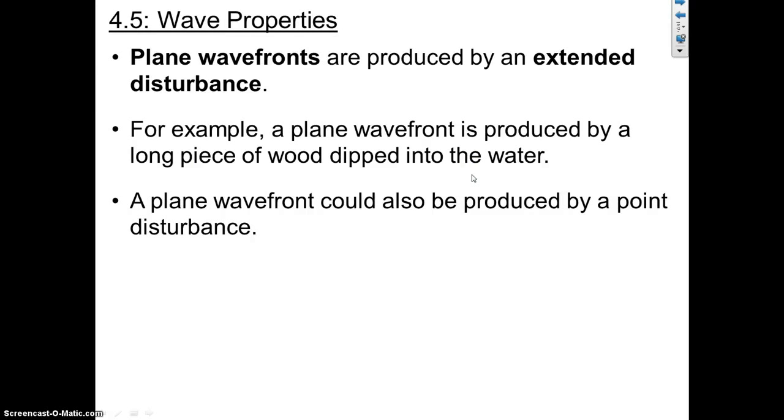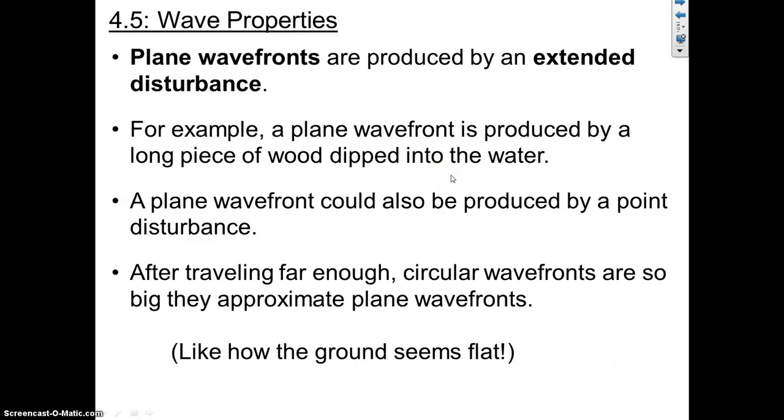But you're probably thinking, wait a second, how is that possible? We just learned that point disturbances produce circular waves. Well, the funny thing is, after having traveled far enough, circular wavefronts can become so big and so spread out that they begin to approximate plane wavefronts.